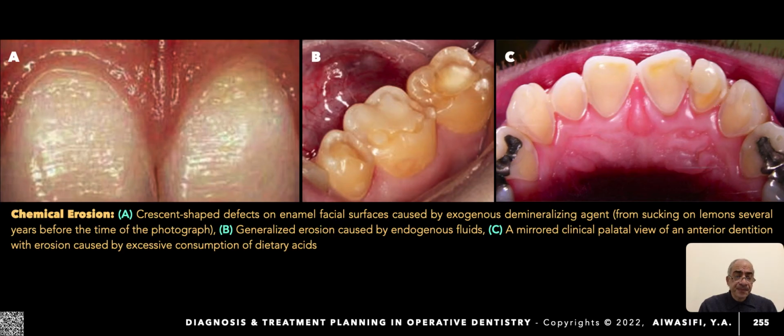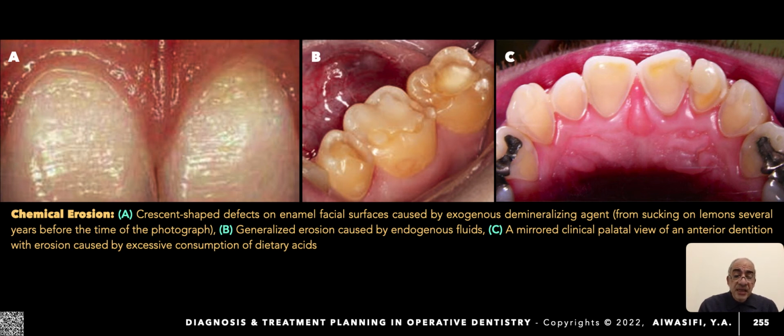Okay, those are chemical erosion, with different shapes, as you could notice. In figure A, crescent-shaped defects on the enamel facial surface caused by an exogenous demineralizing agent. Figure B, erosion caused by endogenous fluid from the stomach, due to excessive gastric juice.